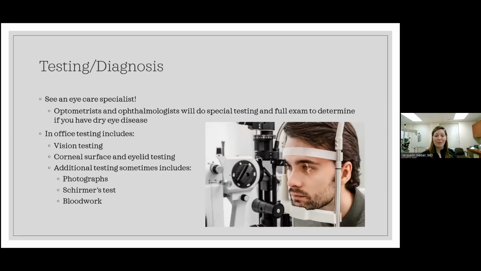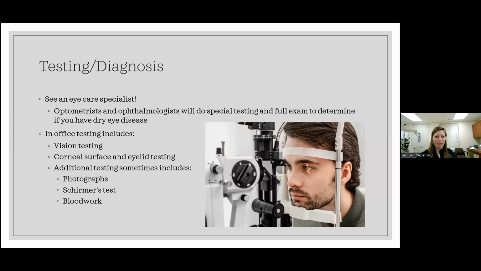So how do we know if you even have dry eye or ocular surface disease? A lot of patients know that they might have something going on because they feel the symptoms of dry eye, but the true diagnosis usually comes from an eye exam, whether that's from your optometrist or an ophthalmologist. They will do a number of tests in the office, including checking your vision.